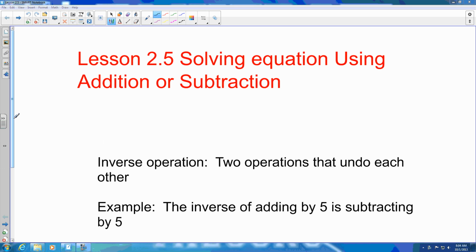We're in section 2.5 where we're going to be solving equations using addition or subtraction.